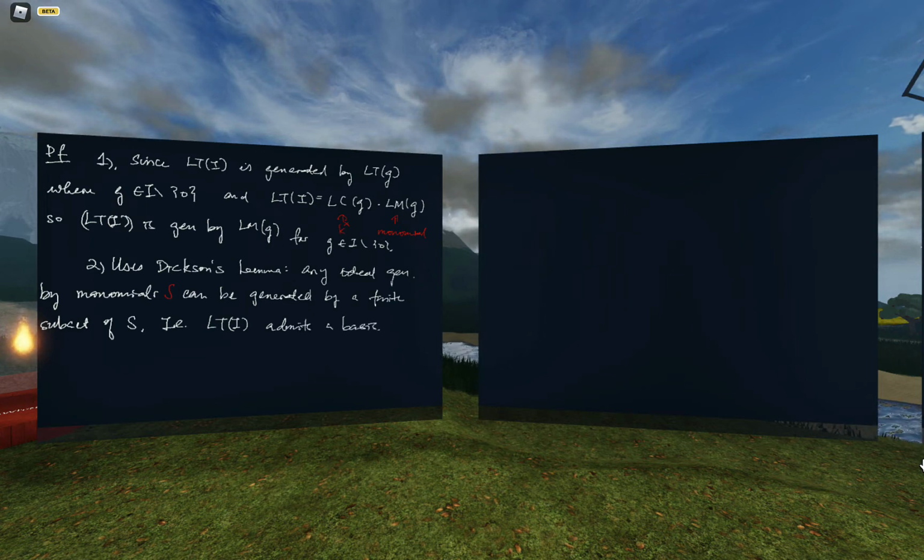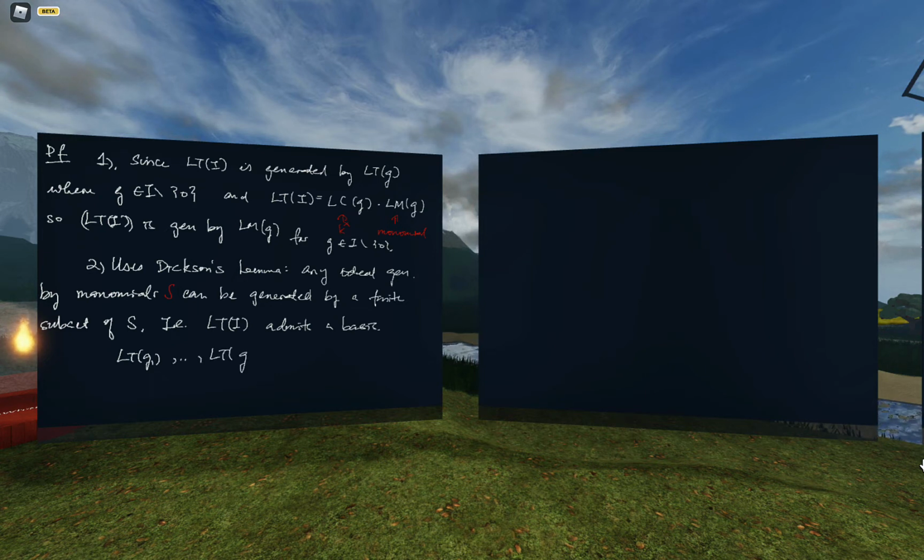Since the monomials which generate LT(I) are all of the form LT(g), we can just enumerate them: LT(g1) up to LT(gS). And S doesn't have a special meaning here.